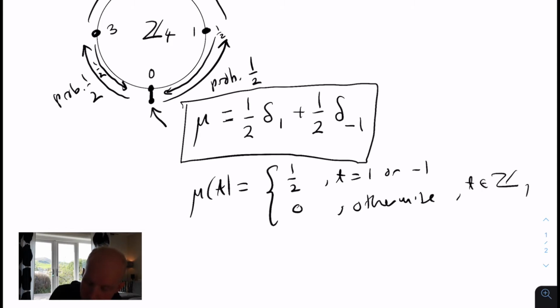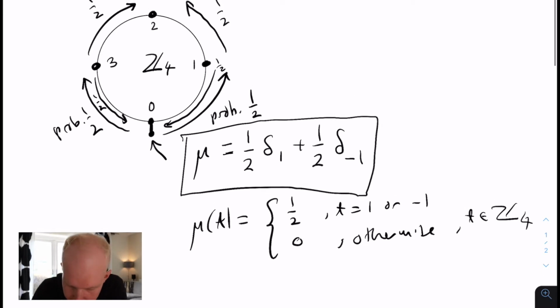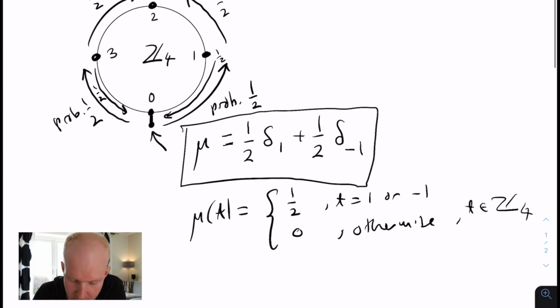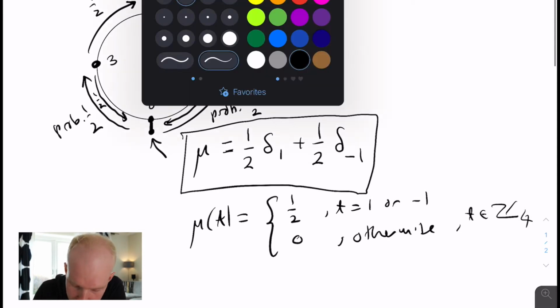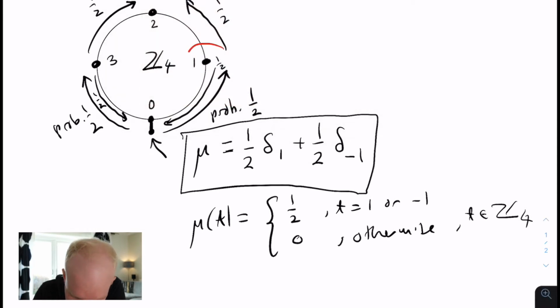That being in Z4 in this case. When we start from the position 0, we move to the right, so we made a random choice according to this distribution mu. But now, having reached the point 1, for example, we can make another random choice, with probability half to the left or to the right, and we can apply this again.